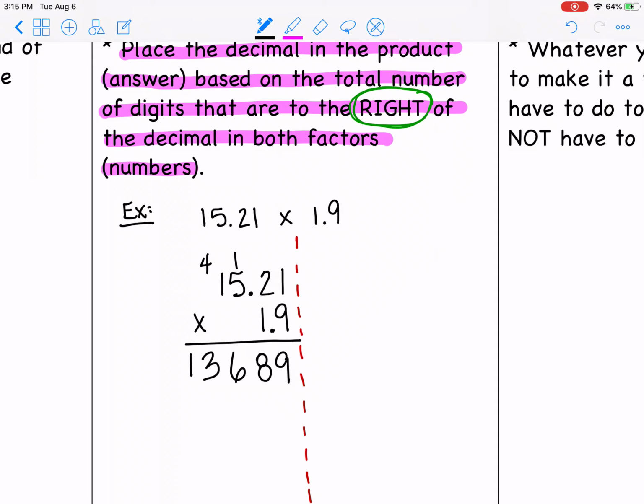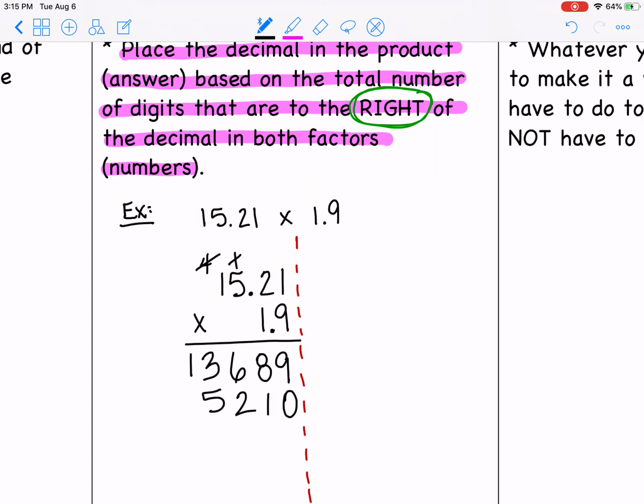Now we'll put our placeholder just like we normally would. And then we're going to go over to the 1. And we'll start multiplying it through the entire number at the top. 1 times 1 is 1. 1 times 2 is 2. 1 times 5 is 5.